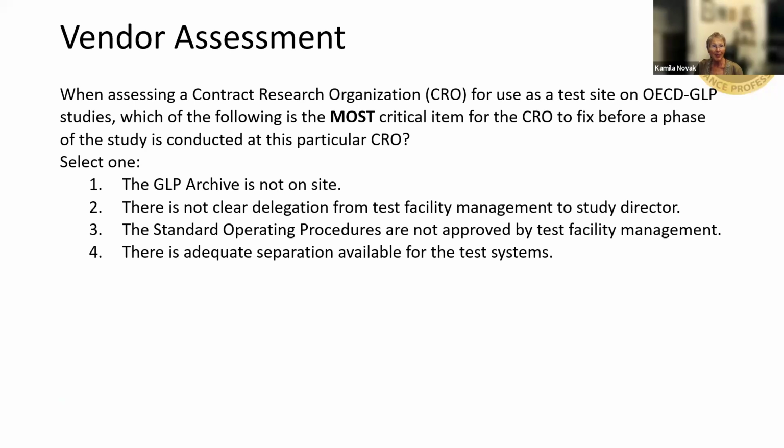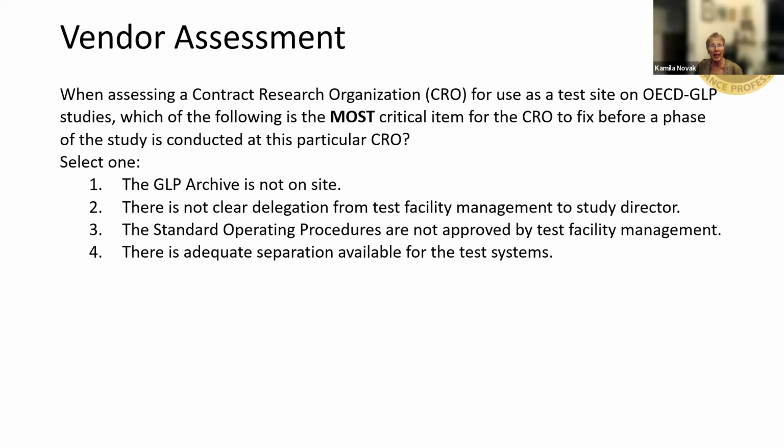Vendor assessment. When assessing a contract research organization for use as a test site on OECD GLP studies, which of the following is the most critical item for the CRO to fix before a phase of the study is conducted at this particular CRO? The GLP archive is not on site.